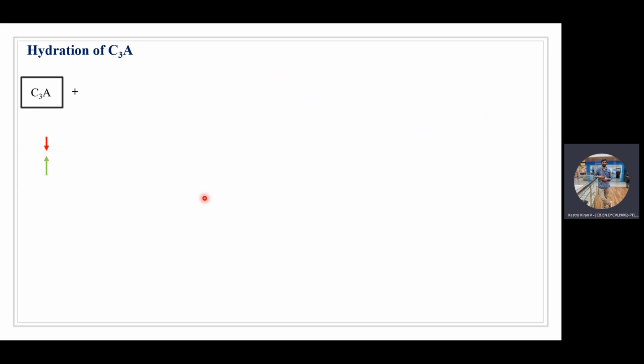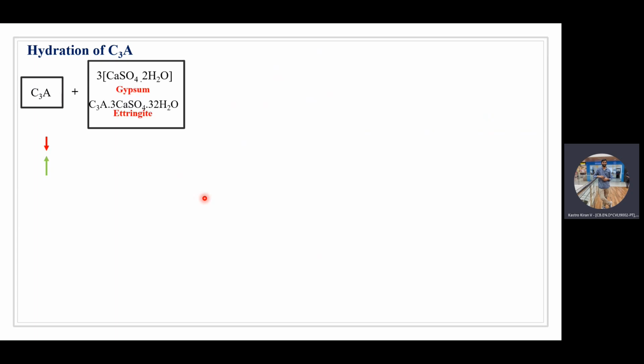Let us understand that clearly. The C3A compound is available and then it comes in contact with gypsum. Why gypsum? If the gypsum is not available, then flash setting will happen. So the C3A compound will react with the gypsum, and it will also react with a compound called ettringite, in the presence of water.